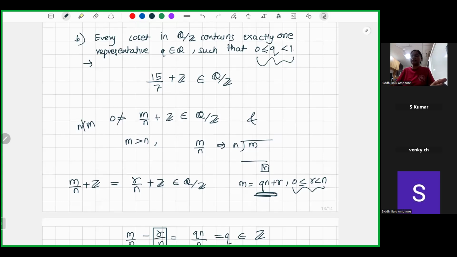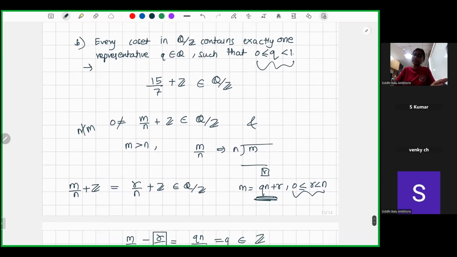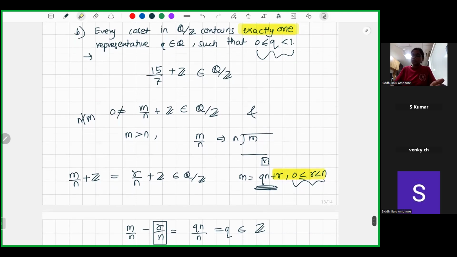I hope you understand that this uniqueness, that there exists exactly one, comes from the uniqueness of r in the division algorithm when we restrict between 0 and n. And this holds because we are assuming the division algorithm and that n does not divide m, and so on.